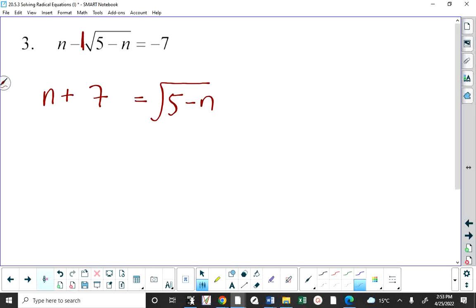Essentially what I did was this term, which is negative, I moved it to the other side where it became positive. This term, which is negative, I moved it to the other side where it became positive. I'm adding terms to both sides. So now we square both sides.